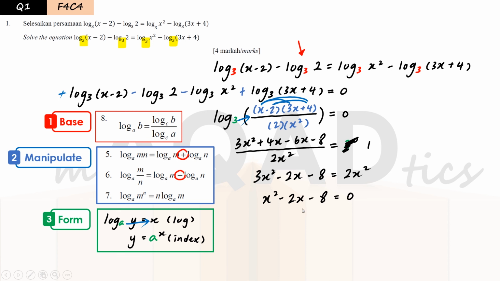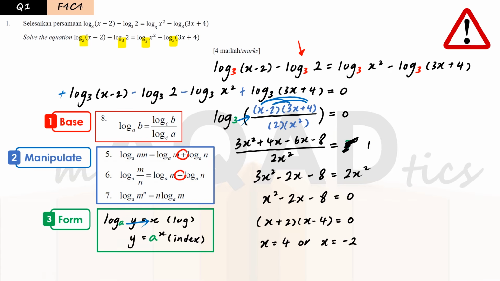If you want to solve this, we can use factorization by using the calculator to find the two values of x. So the two values of x would be x equals 4 and x equals negative 2. And with that, we have found our answer.